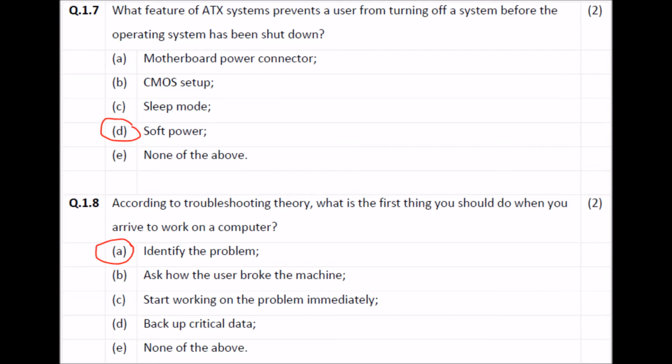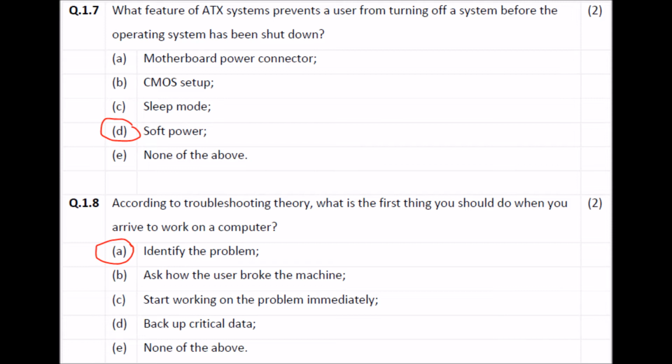Others might want to argue, okay, what about backing up critical data? We've mentioned this before, but remember, you can't start backing up critical data without understanding what the actual problem is. You get to know what the problem is before you start fixing the problem. That's when you start backing up critical data there.